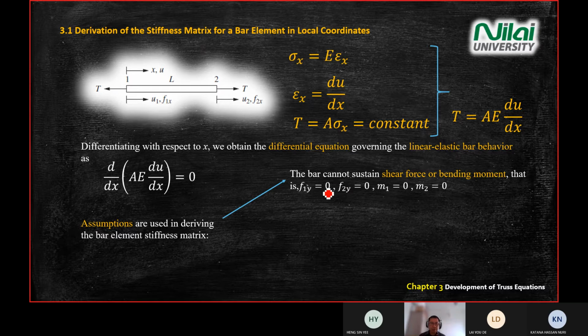So the first assumption is that our bar does not sustain any effect of a shear force. So we have F1y equal to 0, meaning we don't have any force in the y direction here. If we had this, then we would have a bending moment.